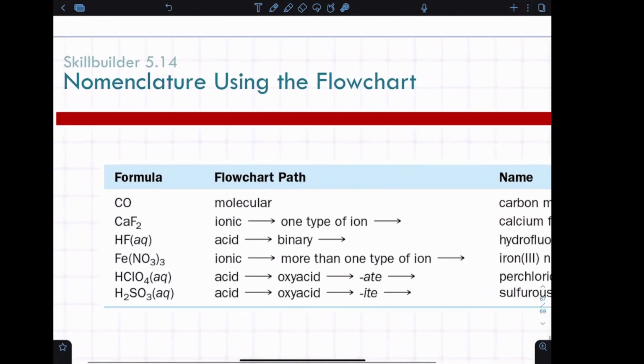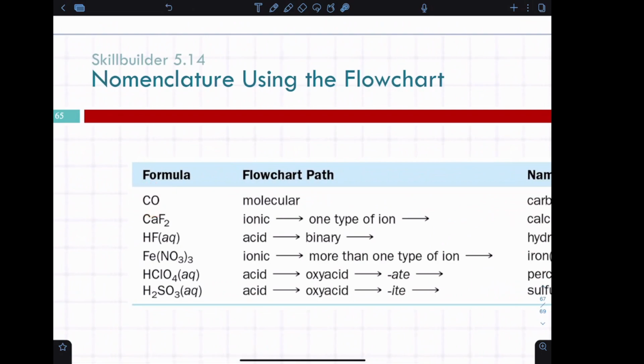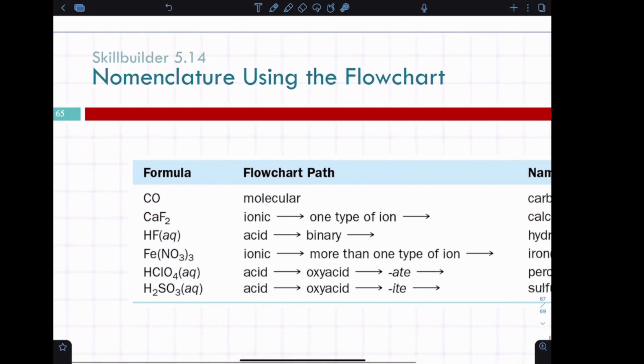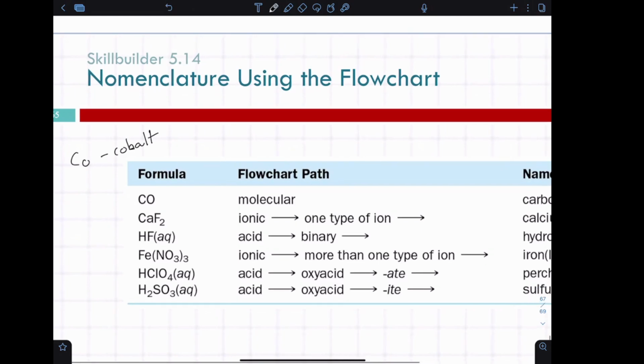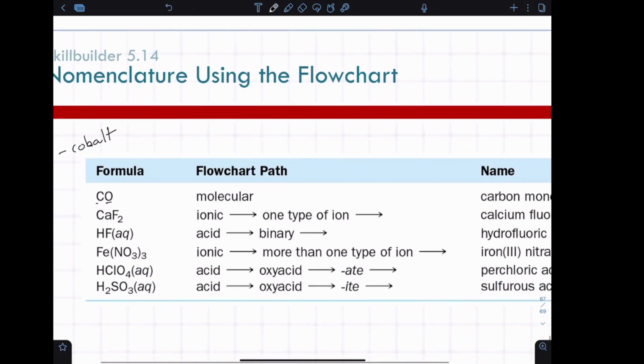So if we look down here again, we can say, okay, CO, that's carbon and oxygen. Don't get it confused with cobalt, which is capital C, lowercase o. This is carbon and oxygen, so this is a molecular compound because both are nonmetals.